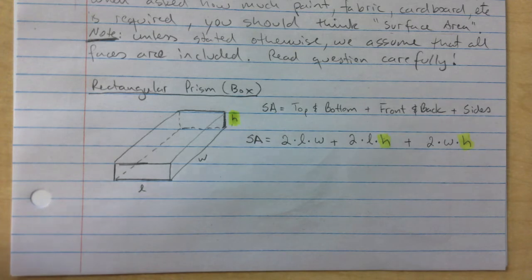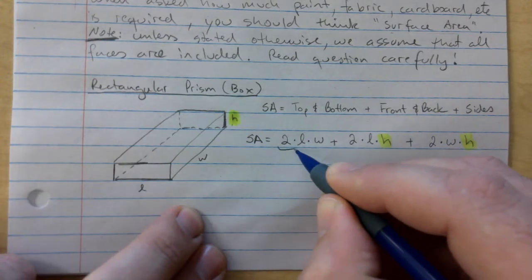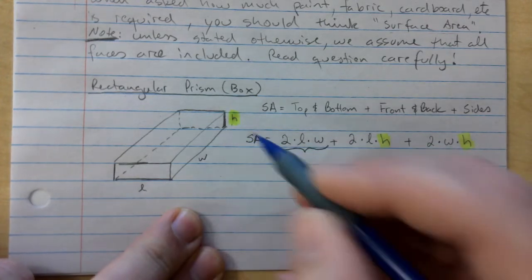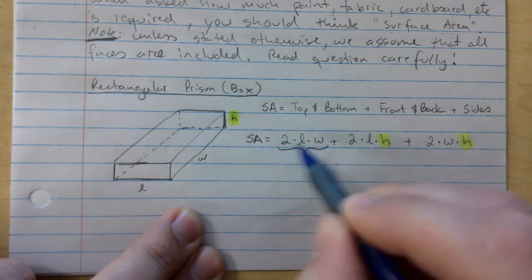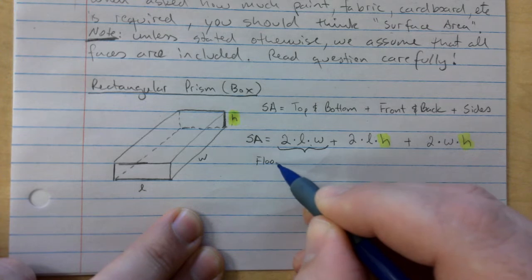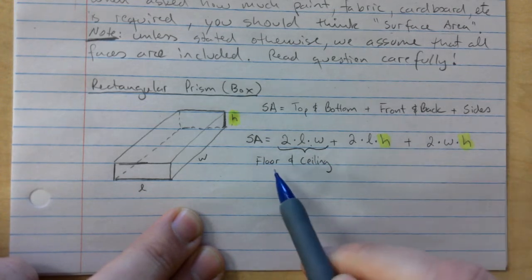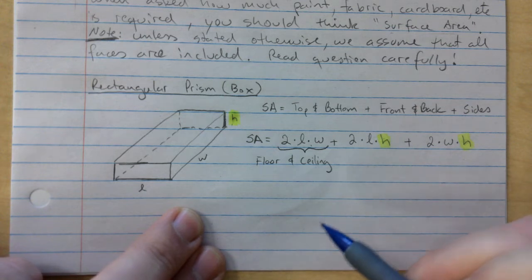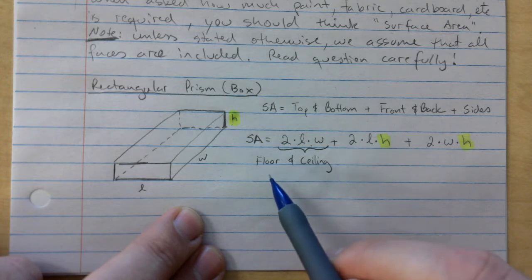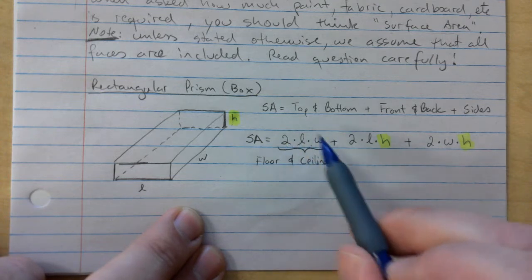What I call this, to make students aware of this: length times width multiplied by 2 would be the top and bottom, and we call that floor and ceiling. If there's a question where you're trying to figure out how much paint you need to paint that whole room, and you're intending to paint the floor and ceiling, yes, you would include this part.